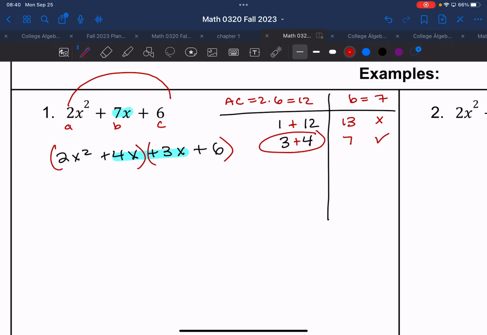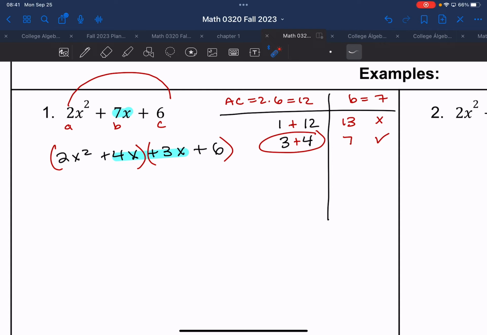So since I put the 4x first, when I'm going to have to find a GCF out of this first term, look how I have a 2 and a 4. That's easy to find the GCF from. Same with this one. I have a 3 and a 6. It's not wrong if you put them the other way. You're going to get the same answer. I'm just going to place this in a way that is the easiest for me to solve. Okay? So that's just something to point out there.